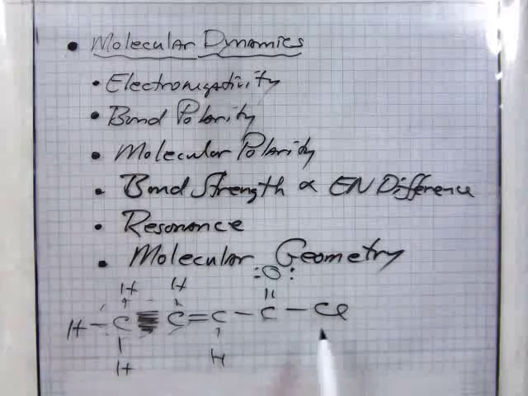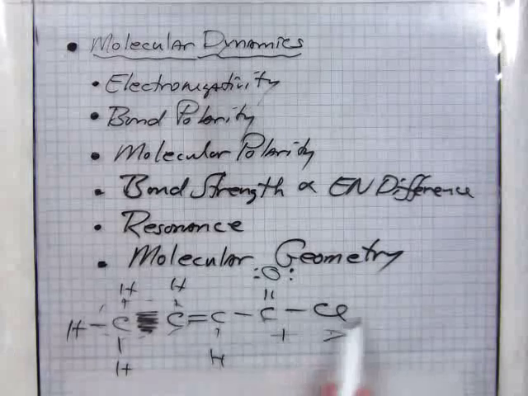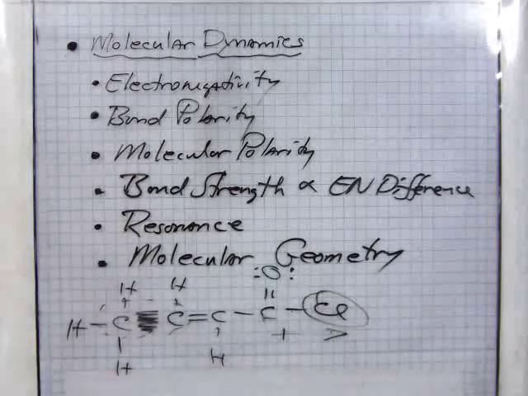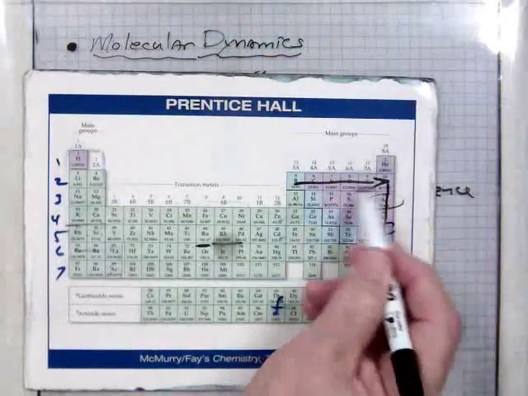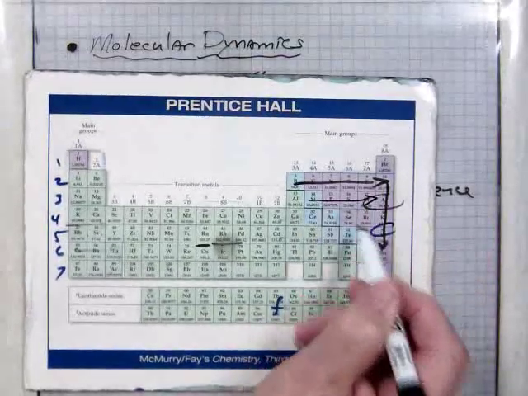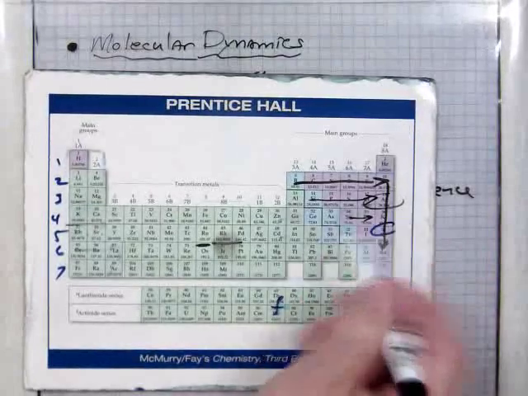Well, if you get over here and look at this, you see that this is highly electronegative in the periodic table. Remember what we showed you in the trends. As you go right in this direction, electronegativity increases.